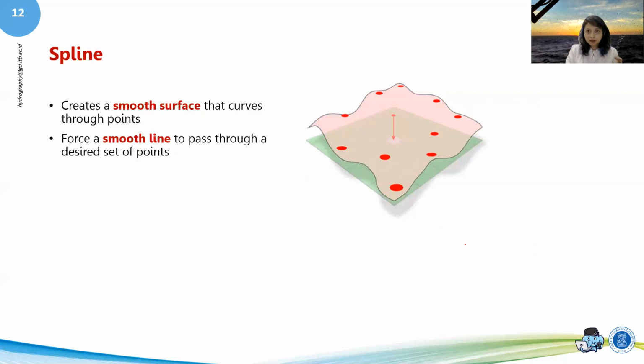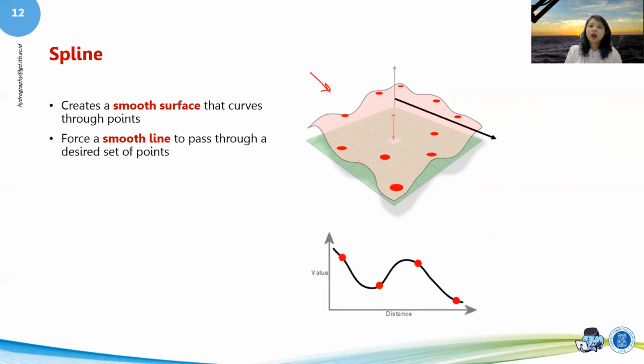So for example, if this is your surface model, and then we will cut through this, this is how it will look like in one line. And this happened in each of the lines. So you will have basically a very, very smooth line as well, but not as smooth as the kriging because you don't have the calculation of these semi-variance and whatever.